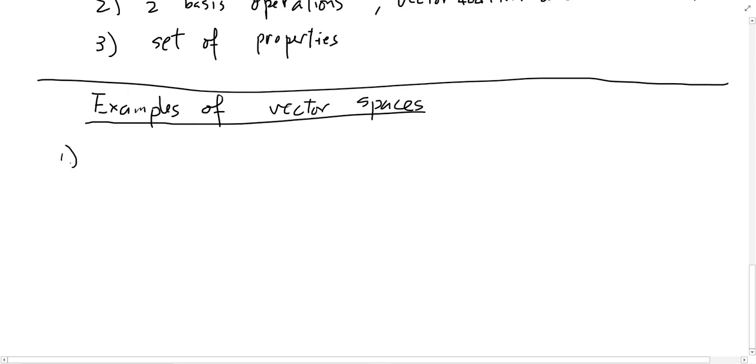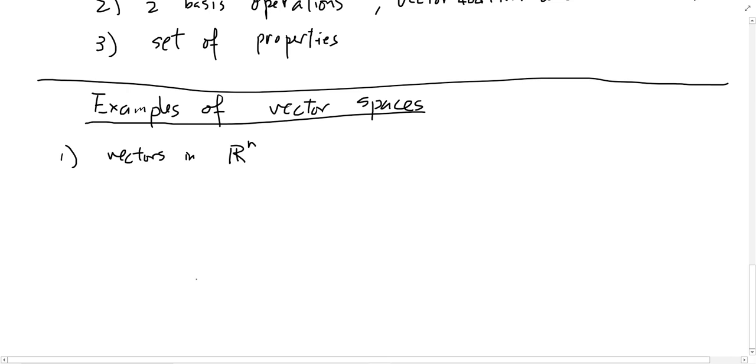And we're going to start with the first one, which is the most basic one, and which we already know is a vector space. It is the vector space that we have been working with since last year, chapter 1 in multivariable calculus. That would be vectors in Rn. To properly define a vector space correctly, I must define the following.